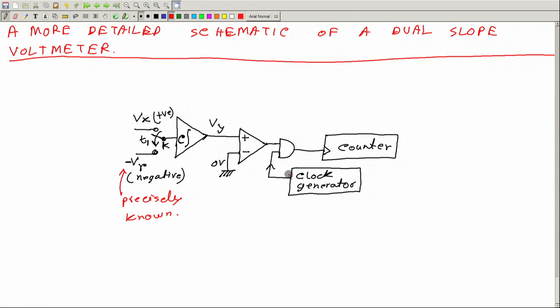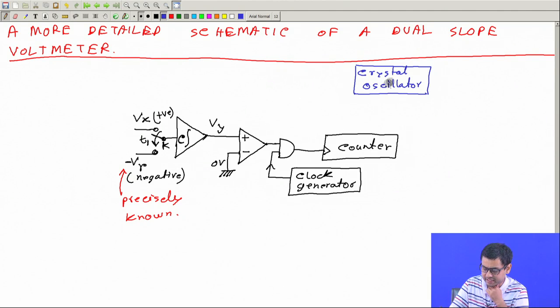Firstly, what we will do, we will take a clock generator or a crystal oscillator, for example, say it generates a signal, a square wave with a frequency, say 1 megahertz.